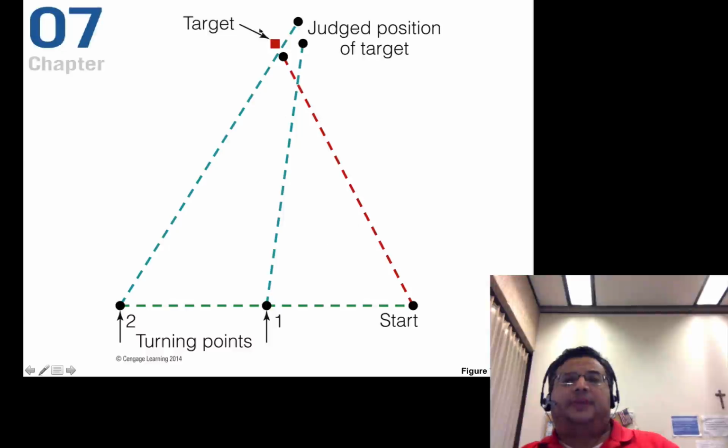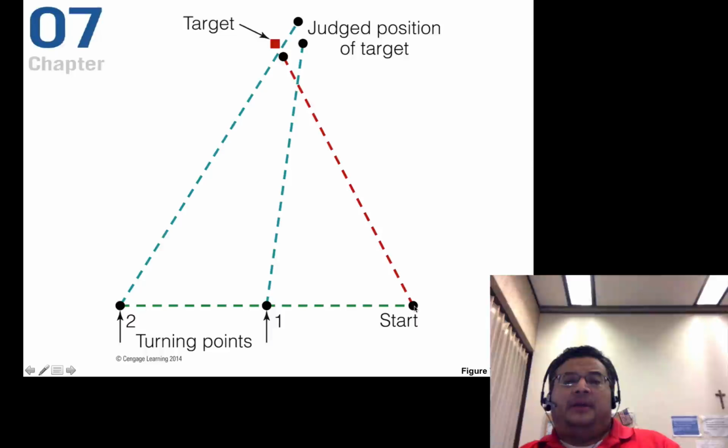So we had them spot a target, and then blindfolded them and had them walk, and then told them to stop and turn toward the object, and then told them to turn back and keep walking, and then turn again and face the object. When we ask people to do this, they're really pretty darn good at it.